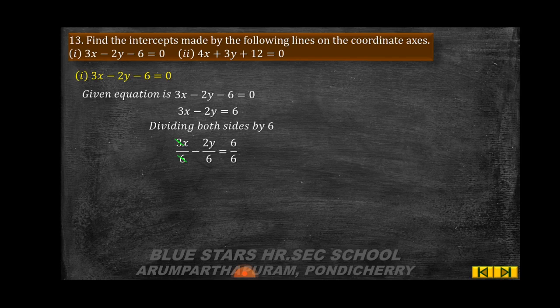So 3 and 6 will be cancelled and 6 becomes 2 times. Then 2 and 6 will be cancelled, 6 becomes 3 times. And 6 by 6 gets cancelled, it becomes 1. So x by 2 minus y by 3 is equal to 1. So x by 2 plus y divided by, we are taking the minus sign to the denominator, minus 3 is equal to 1.